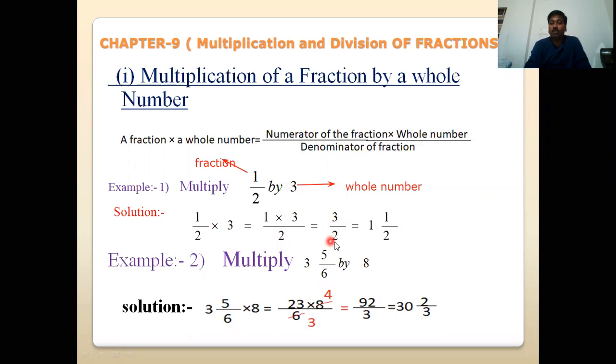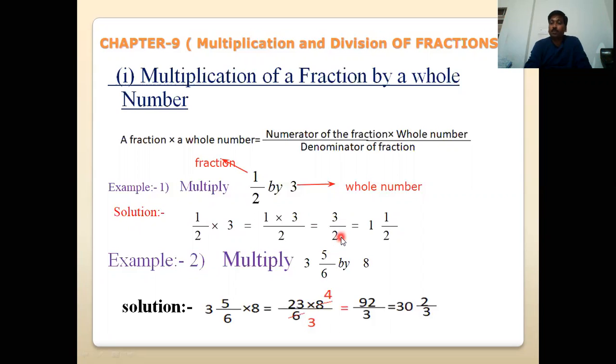Now here we see, students, this is an improper fraction. Why is it called an improper fraction? You know very well about that. I have already discussed it in the previous videos, classes and chapters. Now 3 by 2: here the numerator is larger than the denominator, so this is an improper fraction.